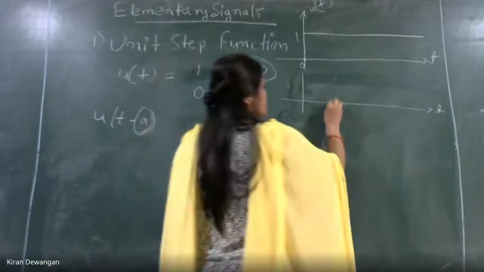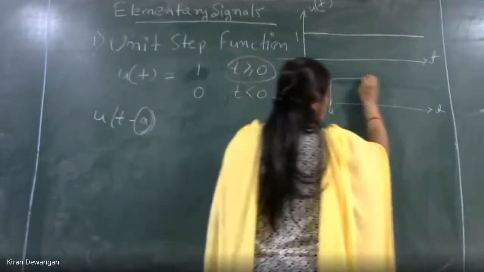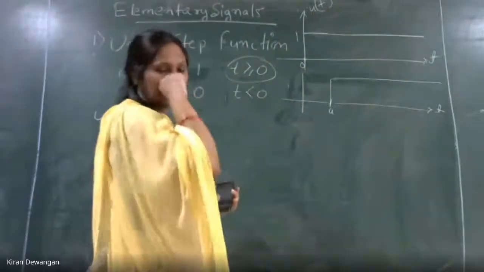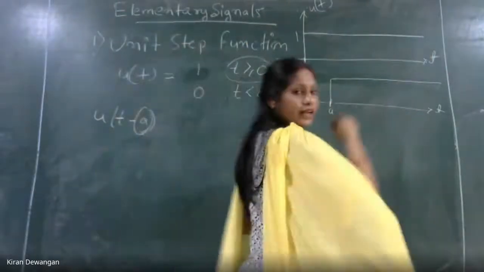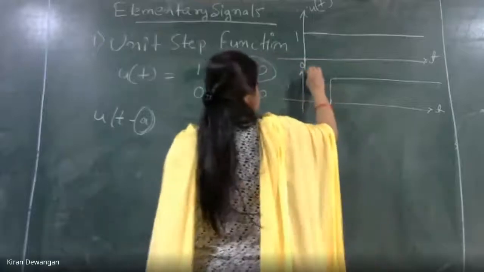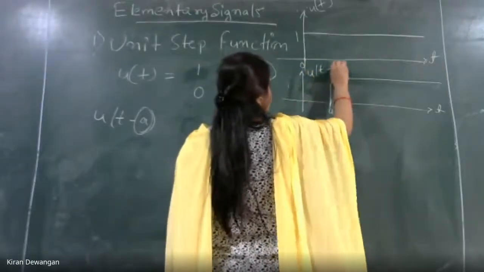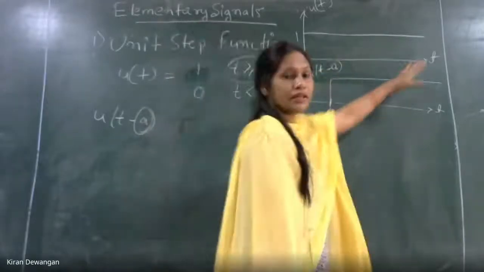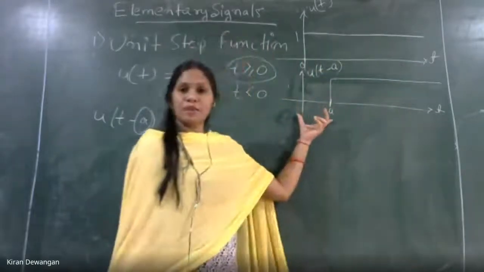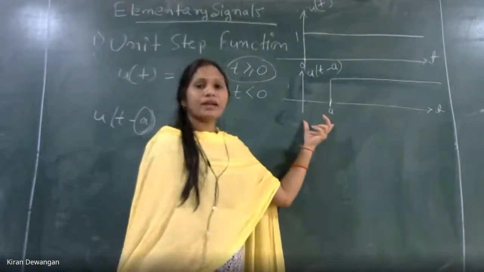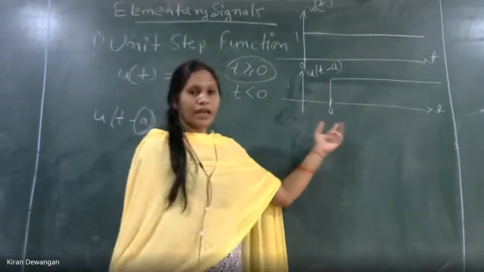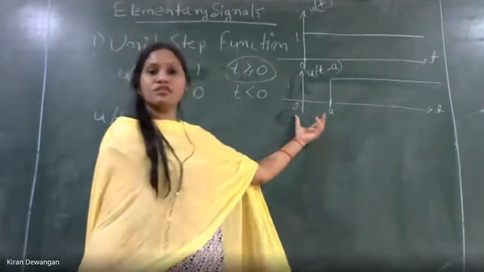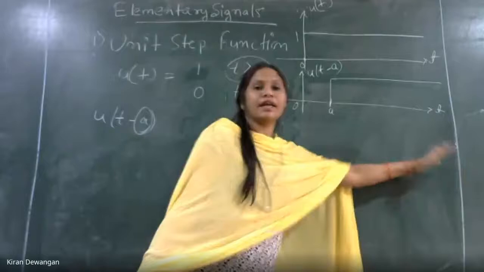So it will start from here and continue till any value of t, till infinity. And this is the u(t minus a). That means from the entire t we are subtracting this particular value. We are subtracting a, 0 to a, this is the 0 point, and we are subtracting this much value from the entire t region.